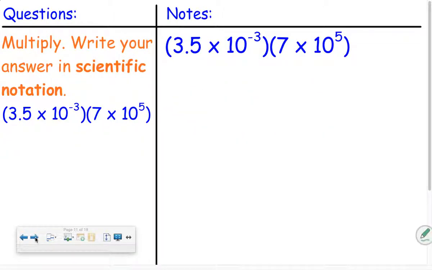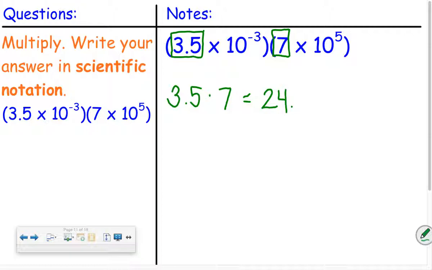All right, 3.5 times 10 to the negative third times 7 times 10 to the 5th. So 3.5 times 7 will give me 24.5. And then I'm going to do 10 to the negative third times 10 to the 5th.